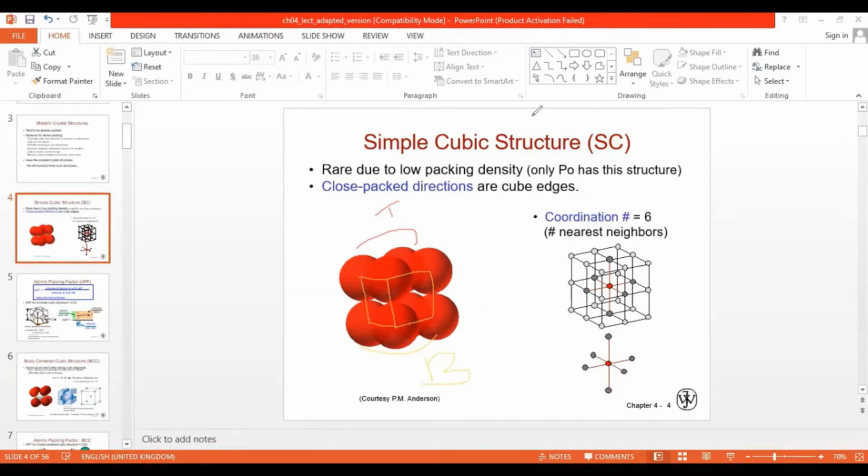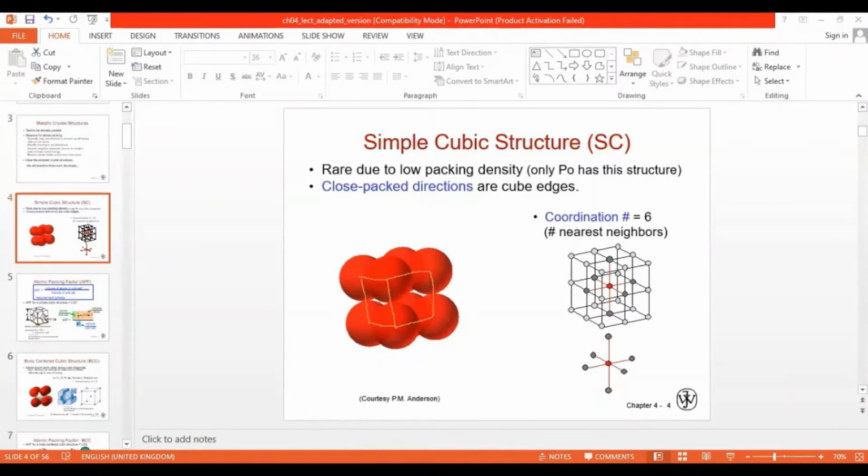So this is a 3D structure. Can you imagine this structure actually being here? This line here, this line here, this line there, right? This structure is known as simple cubic structure.